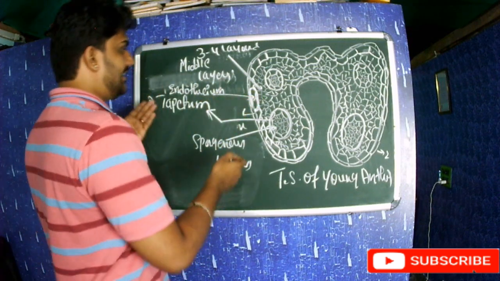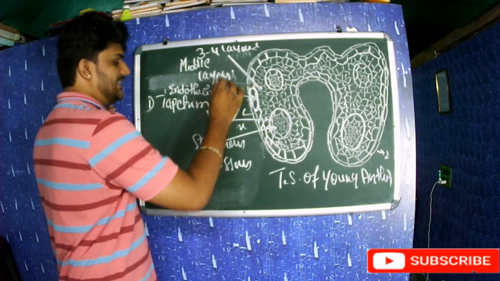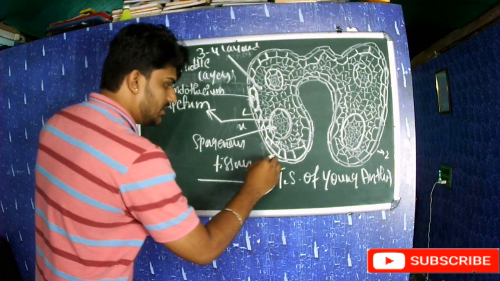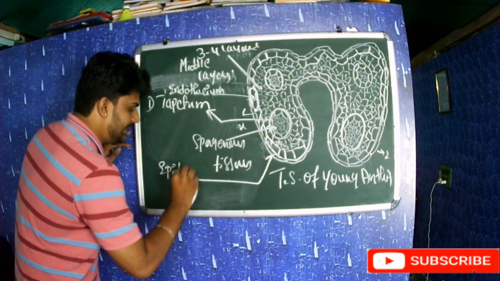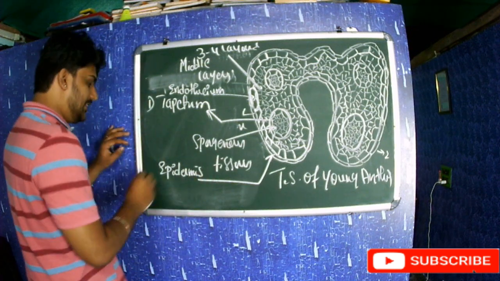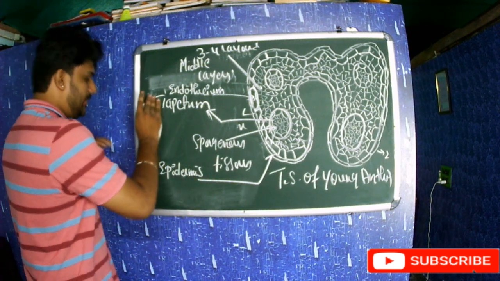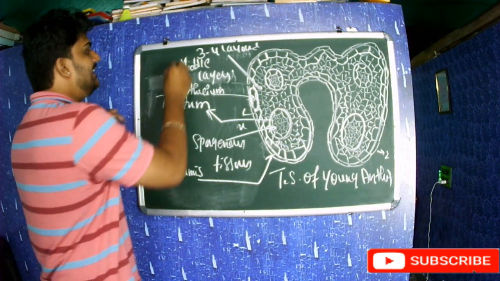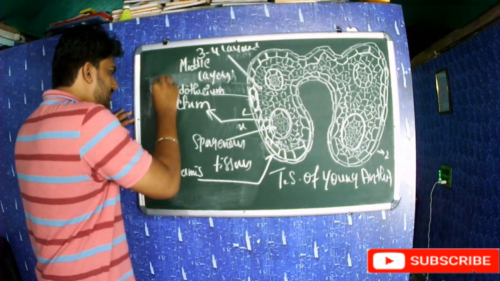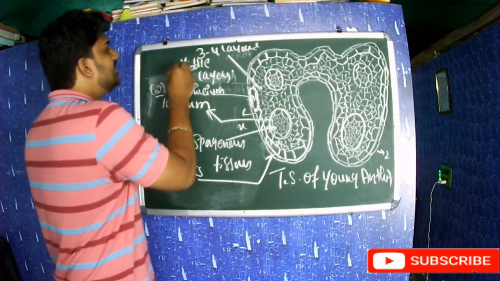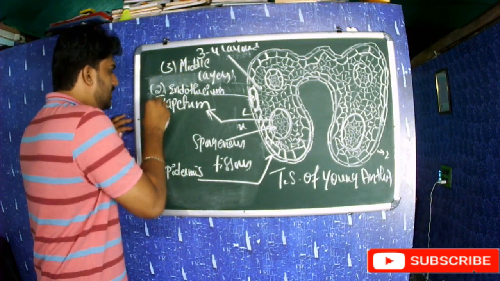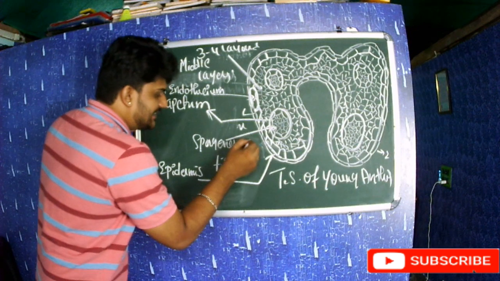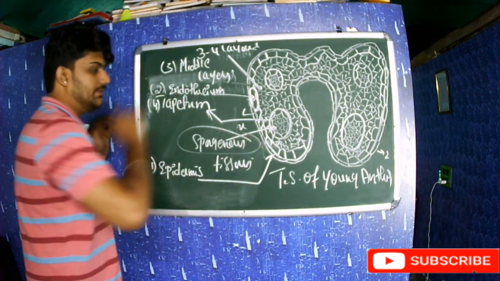At last it is bound by the epidermis. So the first layer is epidermis, the second layer endothecium, the third layer the middle layer, and the fourth the tapetum. Inside that the sporogenous tissues will be there.